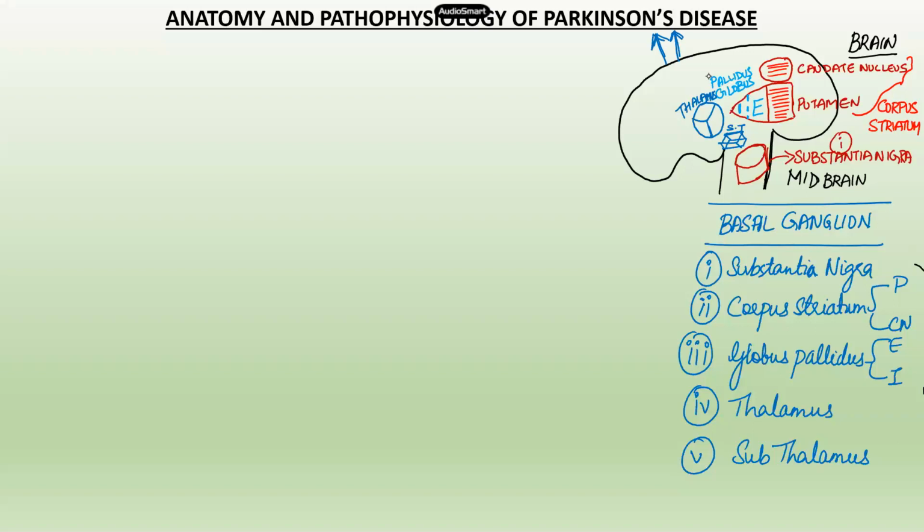Okay, so let's continue. Now what I'm going to do is draw a coronal section of the brain, all right, and I'm going to put these structures directly in the coronal section and explain to you how they look in the coronal section of the brain. So for that, let us again draw the coronal section.